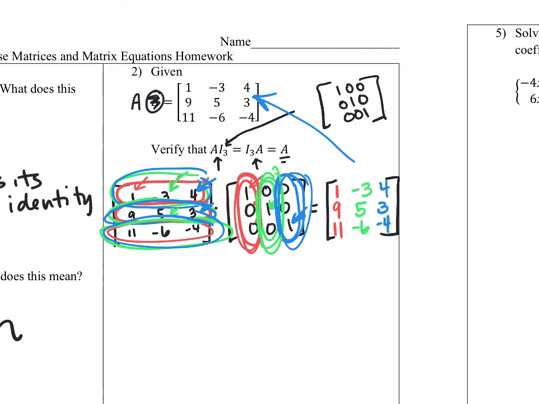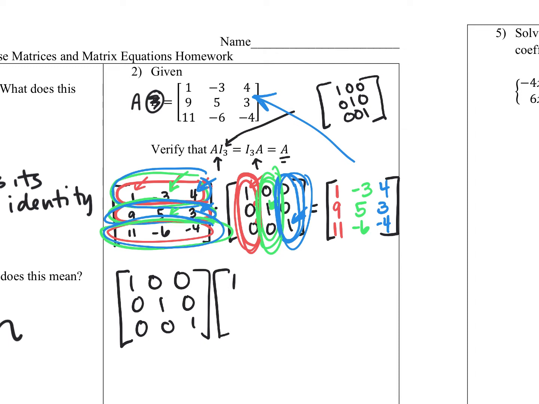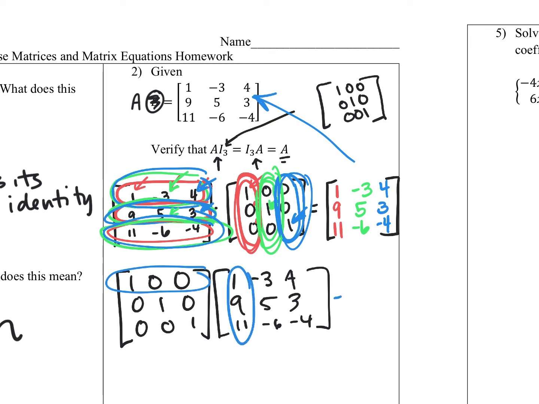So to go the other way, we're going to write the identity matrix first and multiply by our matrix 1, negative 3, 4, 9, 5, 3, 11, negative 6, negative 4. And we start a row times a column. And again, you can see the only one that's going to make a number is those first ones, which will make 1.